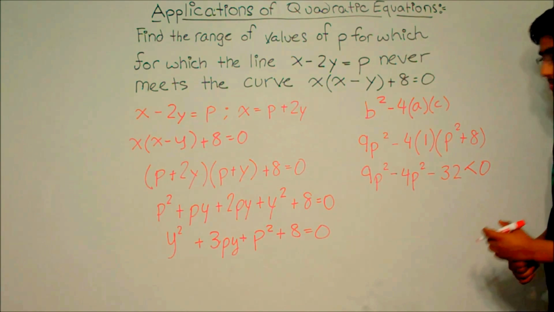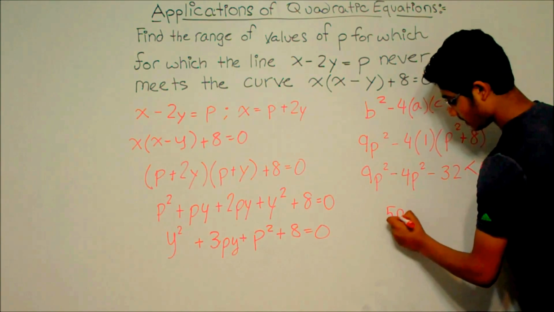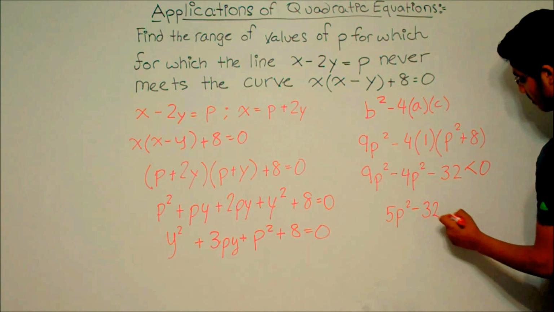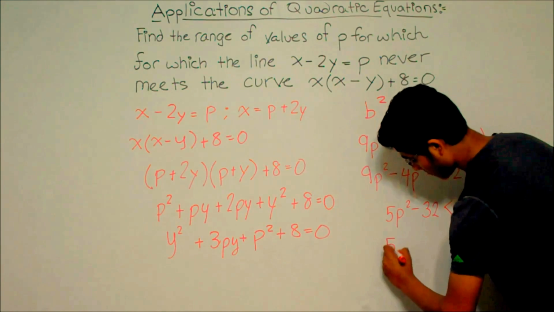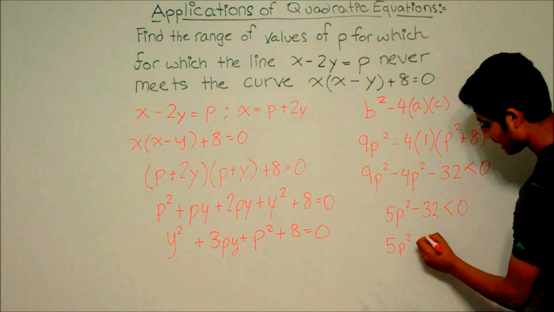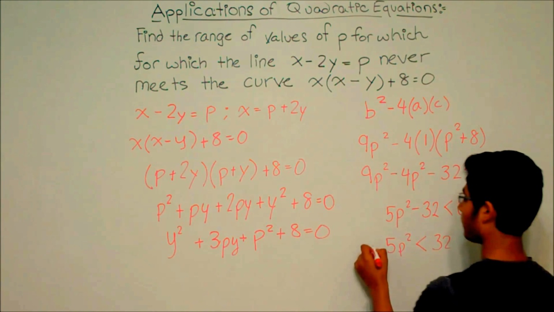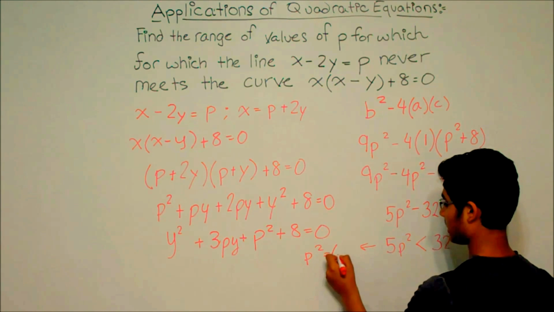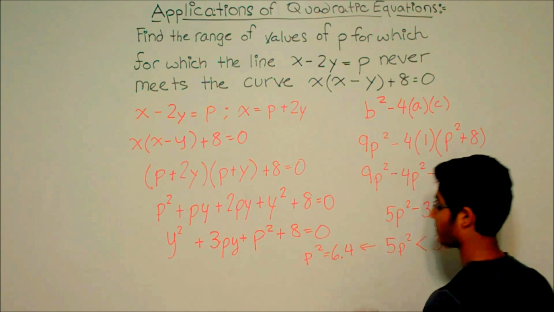So now let's combine like terms. 9p squared minus 4p squared is 5p squared, minus 32 is less than 0. So that means that 5p squared is less than 32, making p squared less than 6 2/5, which is 6.4.